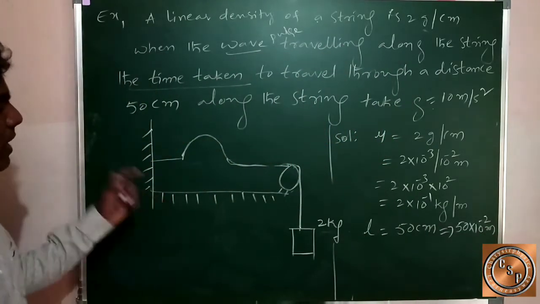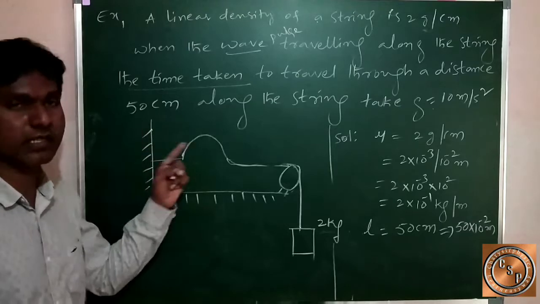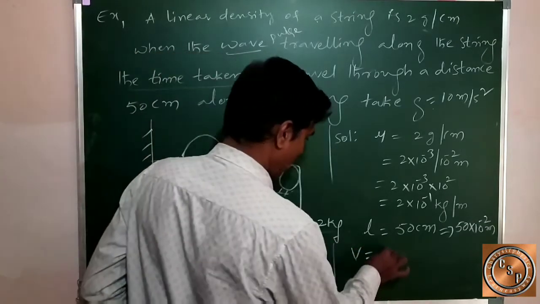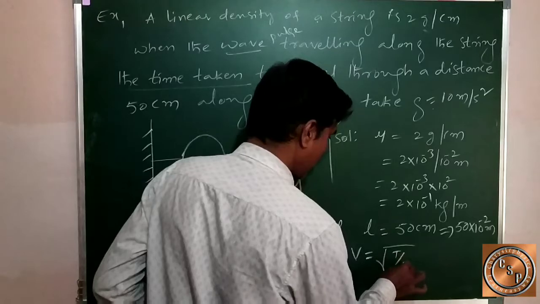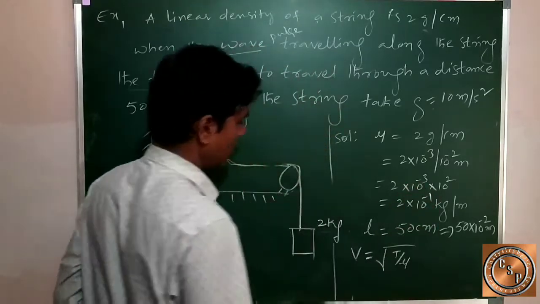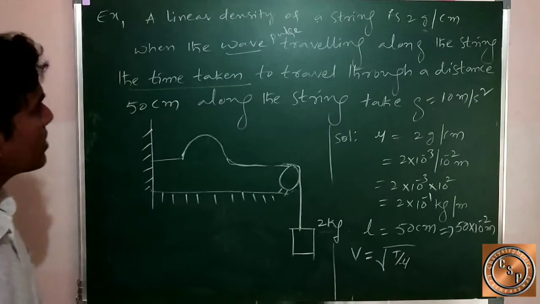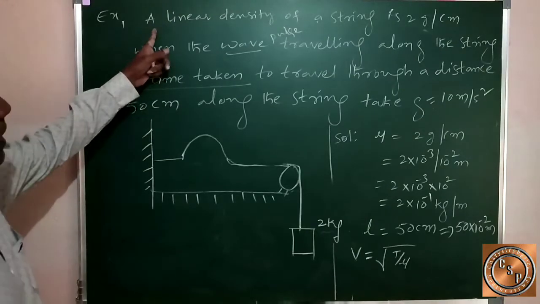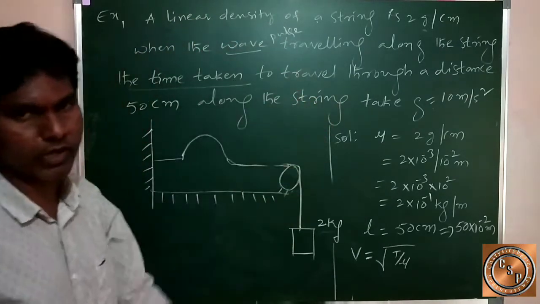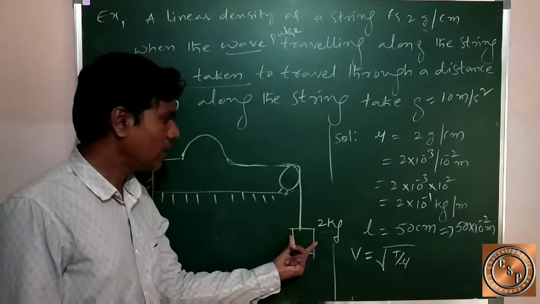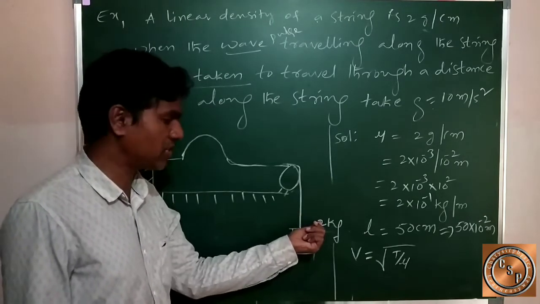Now we should first find out the speed of this wave pulse. V equal to under root of T by mu. We know the value of mu, but is the tension given here? Tension we have to calculate. The weight of the body is given. It is hanging from the string, that is 2 kg.